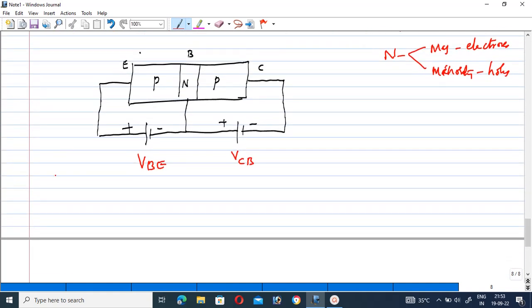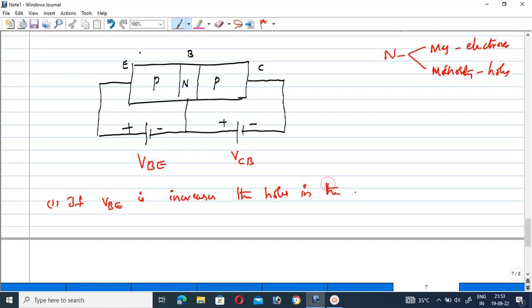Now what happens is that, first point, if VBE increases, the holes in the P-type semiconductor, that means the holes are the majority. I will denote holes like this. Electrons can be represented with minus and holes with plus. So holes are the majority charge carriers in case of the P-type semiconductor, right?